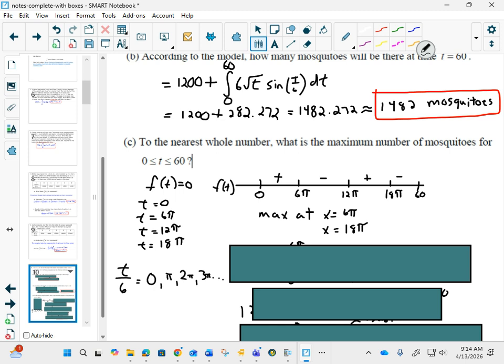And then if I multiply each of those by 6, we get each of those answers. And of course, after 18 pi, you're already past 60. So these are candidate points: 0, 6 pi, 12 pi, 18 pi, and 60.